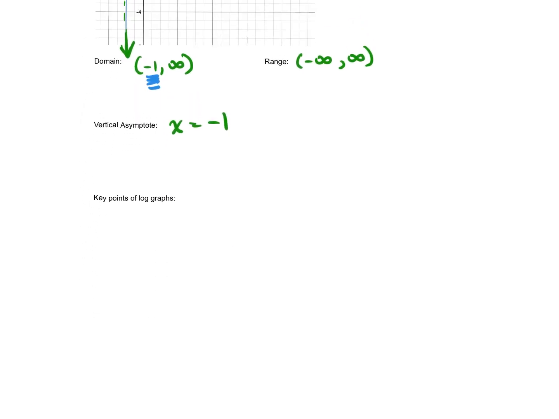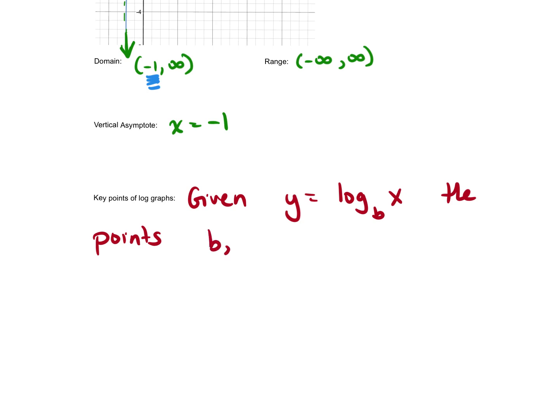So every log has some key points, so this is pretty important. If you're given y equals log base b of x, then the following points are always on your graph: (b, 1), (1, 0), and (1/b, -1) are on its graph.